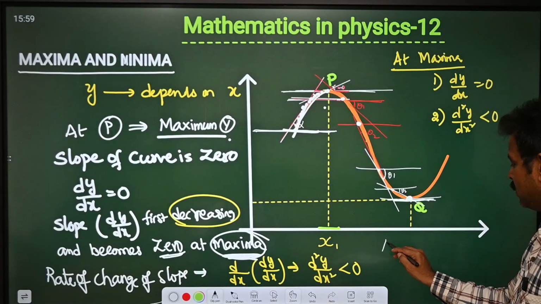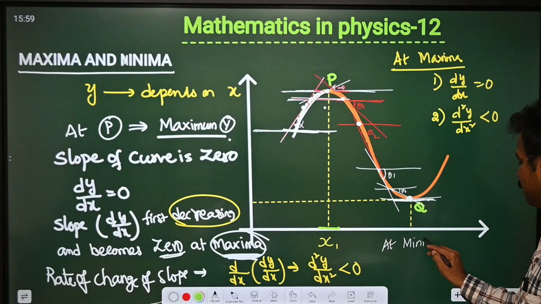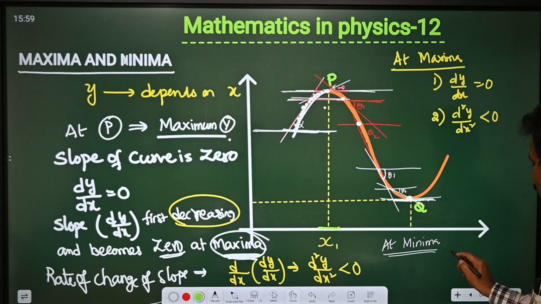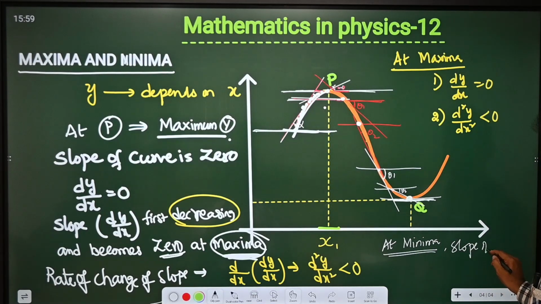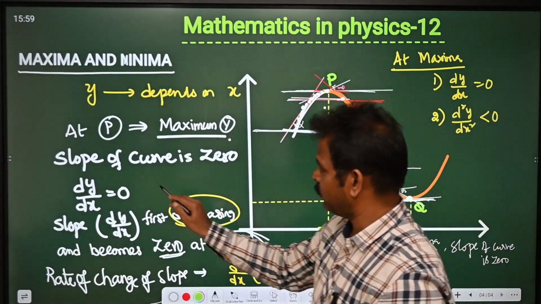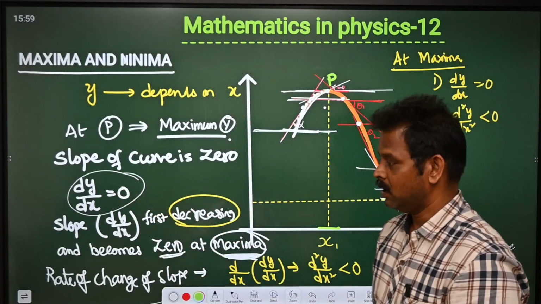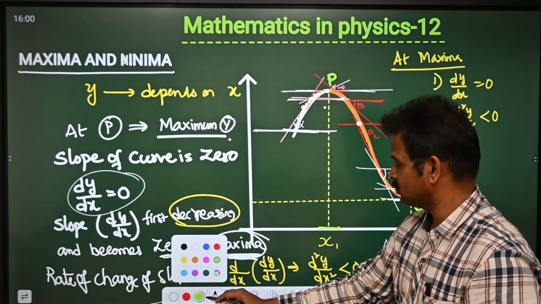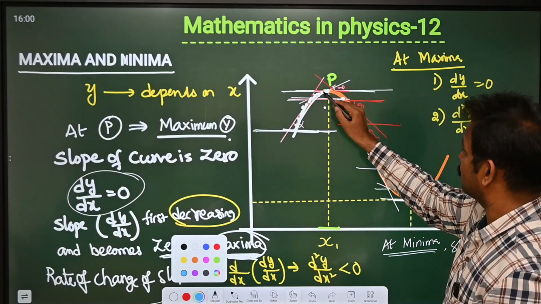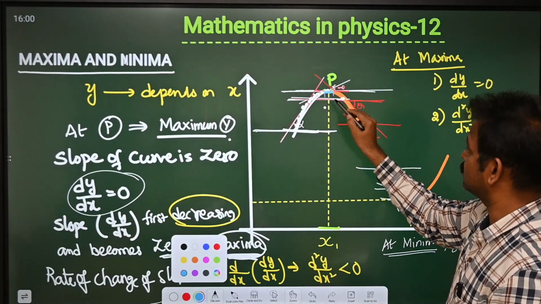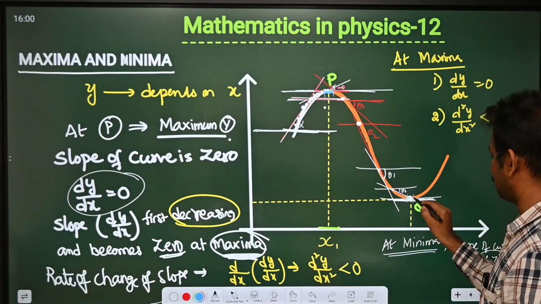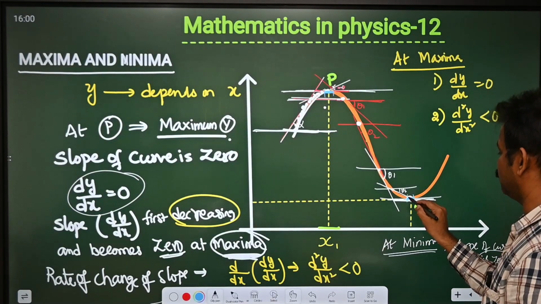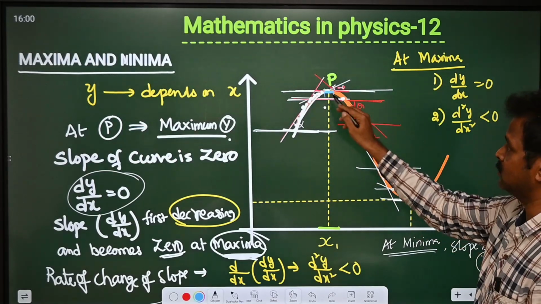Once again I am writing, at minima, slope of curve is 0. And you can see slope of curve is 0 for maximum and the slope of curve is 0 at minima. And from this diagram, it is clear that if you take a small portion of the curve here, and even here, these two portions are parallel to x-axis.